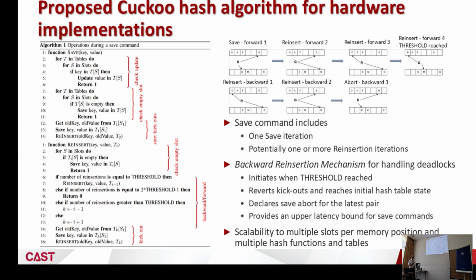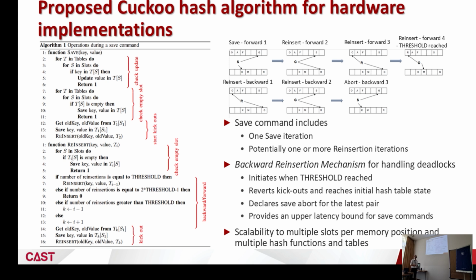Here, the algorithm describes the steps executed during the save process. The employed approach tracks the number of kick-outs and reinsertions and limits this number in order to provide an upper bounded latency for the save command. The proposed variation is described by this particular example.